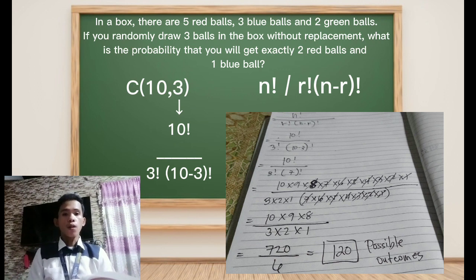At this point, to make it easy to find the solution, we can cancel out the 7 times 6 times 5 times 4 times 3 times 2 times 1 in our numerator. So ngayon, ang natira is 10 times 9 times 8 over 3 times 2 times 1. So let's simplify. The answer is 720 over 6. We divide natin sila, 720 over 6, the answer is 120. So ngayon, 120 is our possible outcomes.